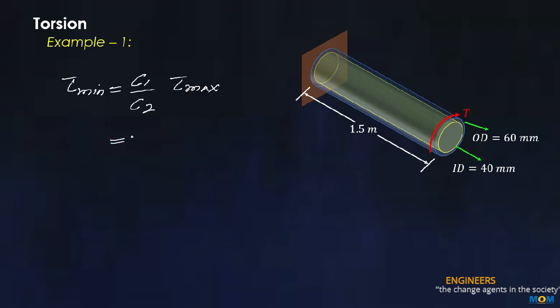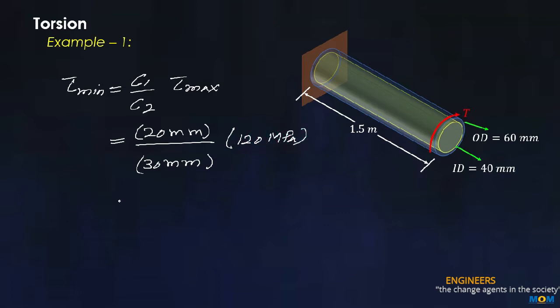Now C1 is the inner radius, that is 20 millimeter, upon the outer radius, that is 30 millimeter, and the tau max, that is 120 megapascal. Now after solving this, we have the value of tau minimum, that is 80 megapascal.